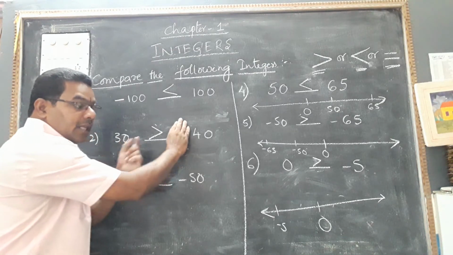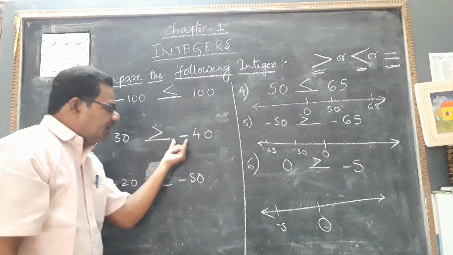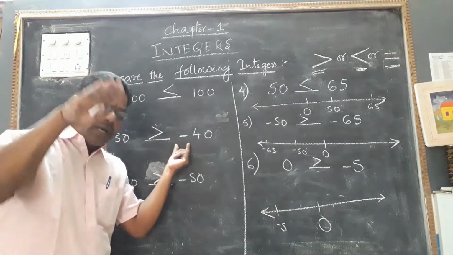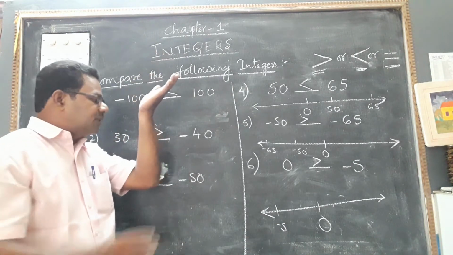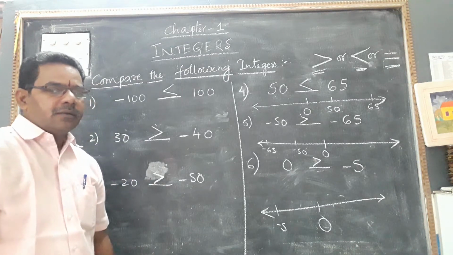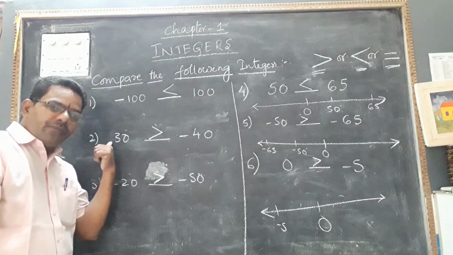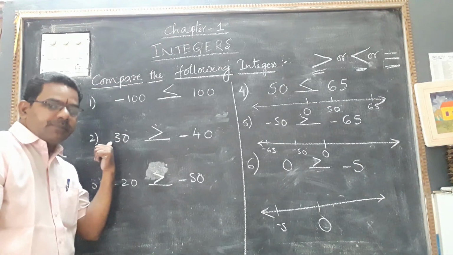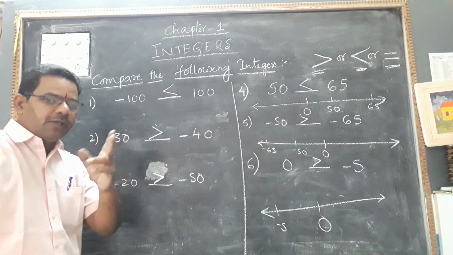The bigger number which has a negative symbol will become the smallest number. The smaller number which has a positive symbol, that means a plus symbol, will be the bigger number. This only you have to remember.